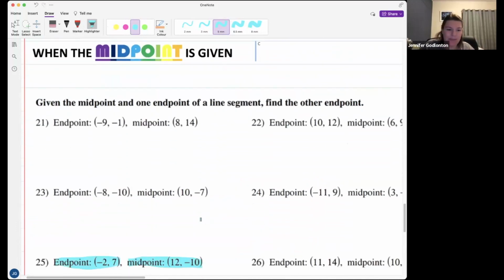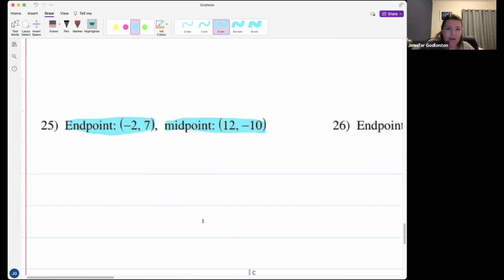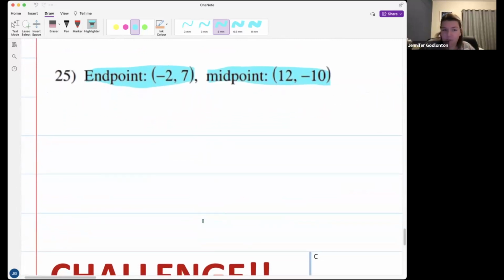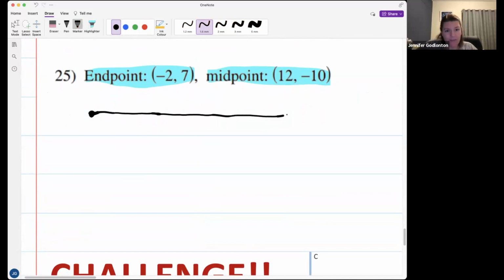Okay. All right. So I'm just going to put this into a little picture to help us out. Okay. So we've got a line. They've told us one of the endpoints is (-2, 7).